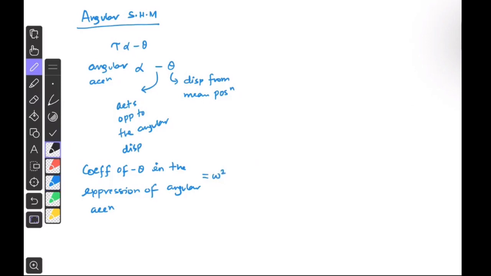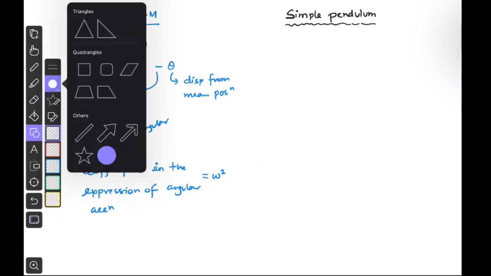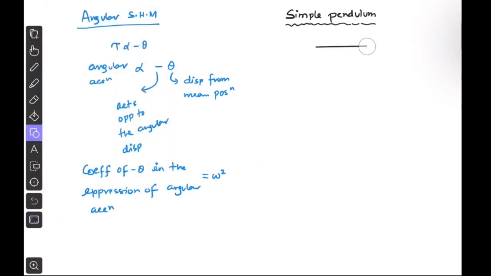So I'll take the case of a simple pendulum, suppose. Steps will be the same only. First we will decide the mean position, and we'll write down force equations and torque equations if necessary at the mean position.